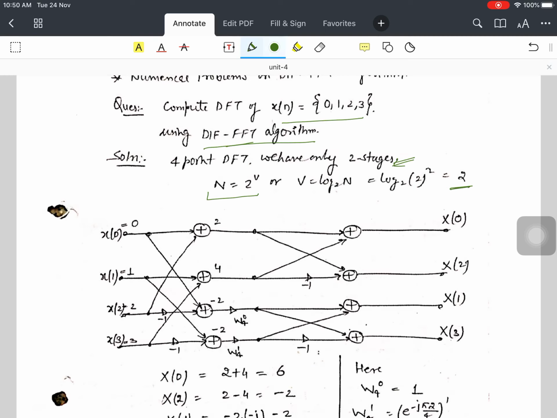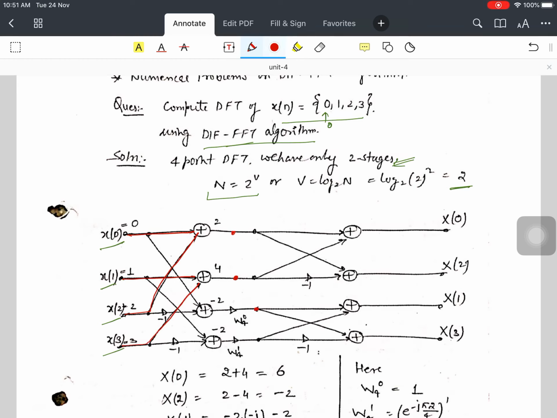So we have x0, x1, x2, x3 given. We know the butterfly structure for this. At this point you have x2 multiplied with minus 1 and added to x0, and after that you multiply with W4^0.